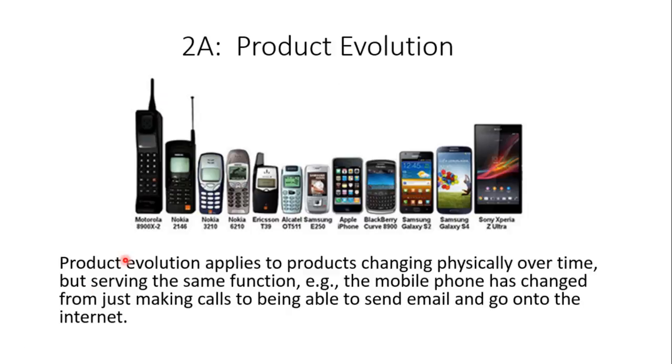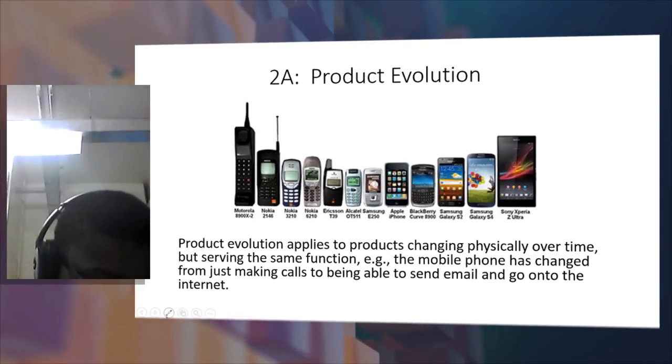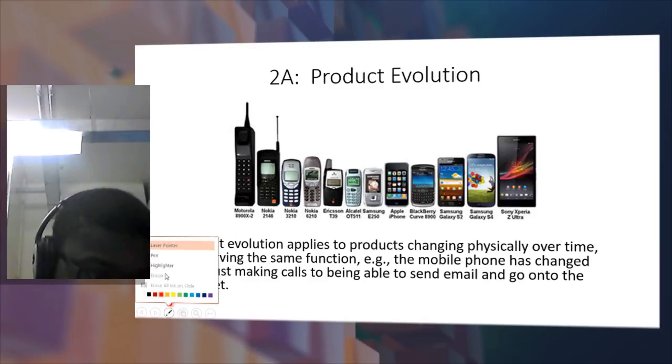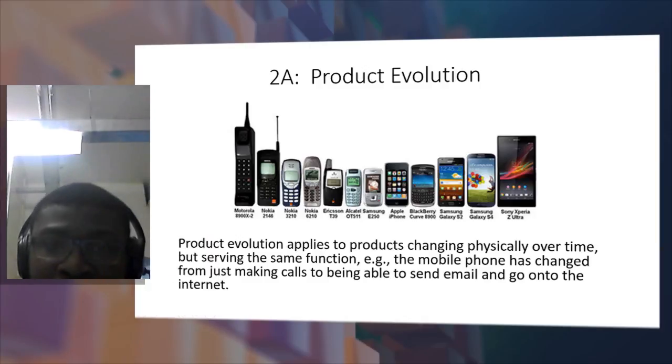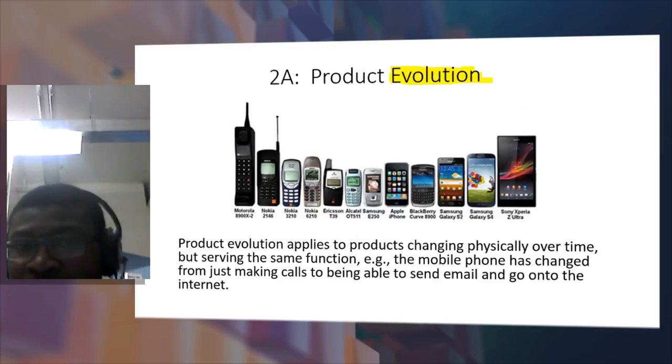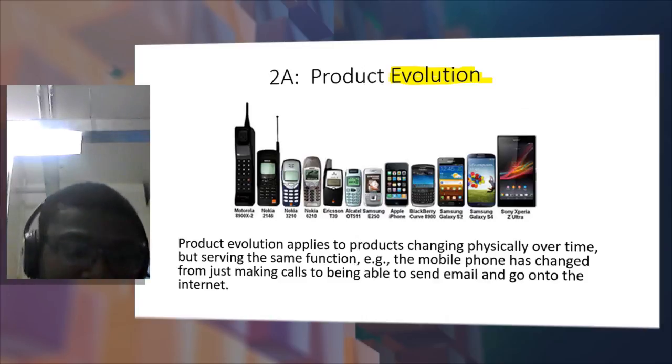Question 2A is all about product evolution. If you see this word evolution, always remember it means a change over time. So that means products changing over time. That's what this phrase actually means. A perfect example would be mobile phones.